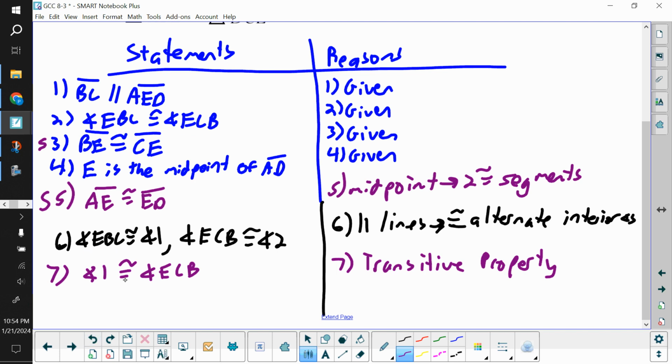Well, that's great, but angle 1 is still in one of our triangles we're trying to get congruent, but ECB is not. So now we can use our statement in 7 and the second part of the statement in 6. So let's do another transitive property. They both have ECB in it, so we'll now just have angle 1 congruent to angle 2.